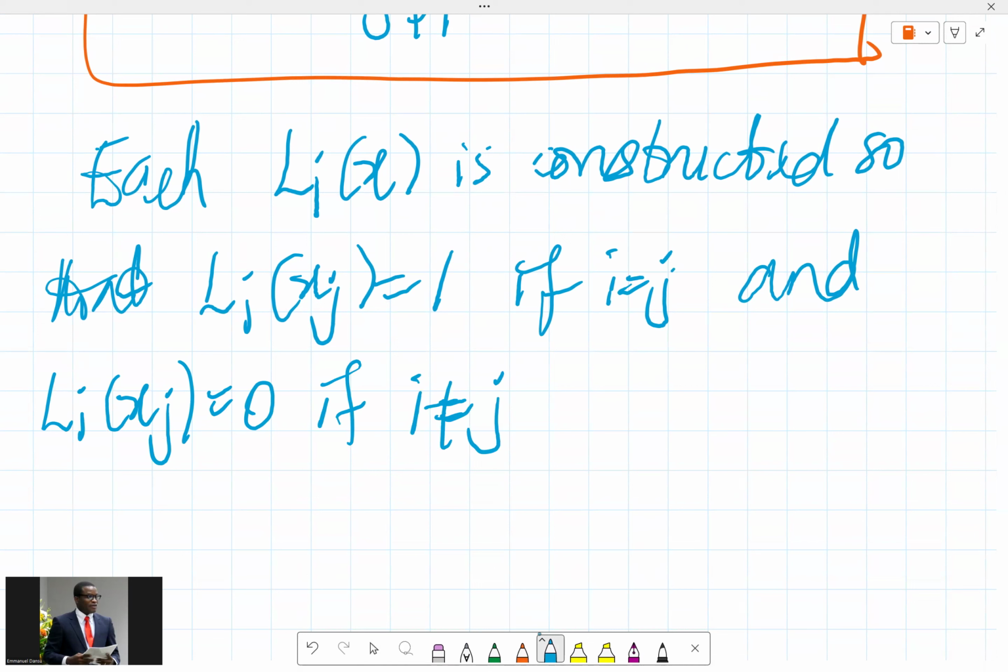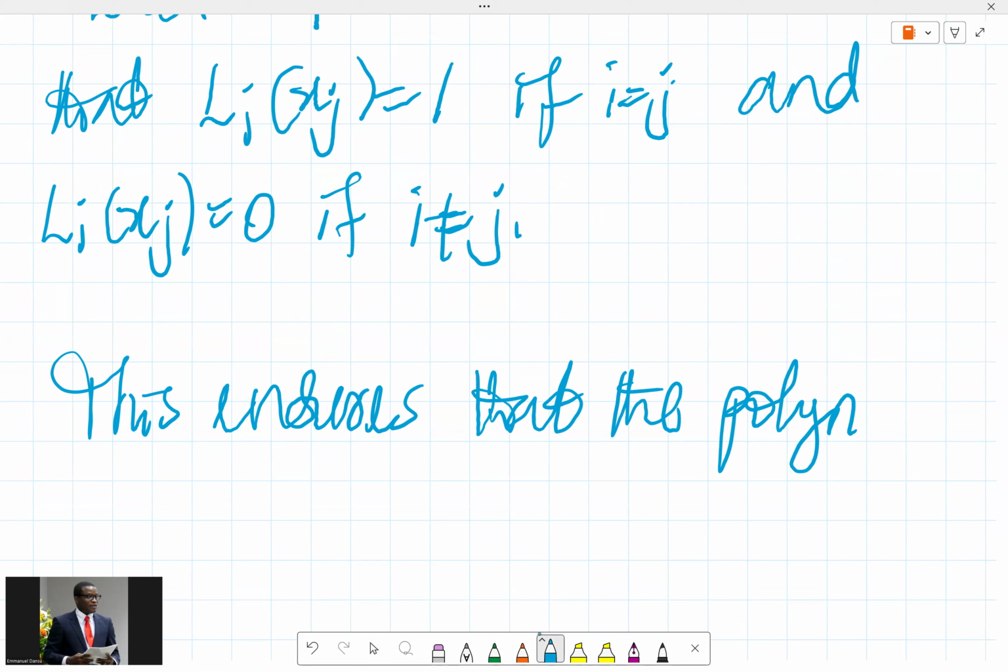So this ensures that the polynomial passes through all the given points.